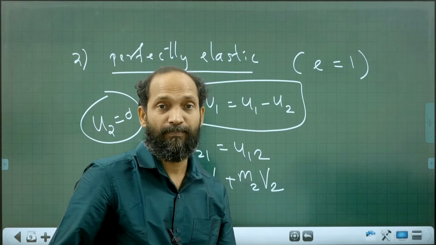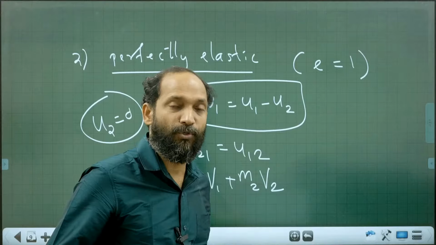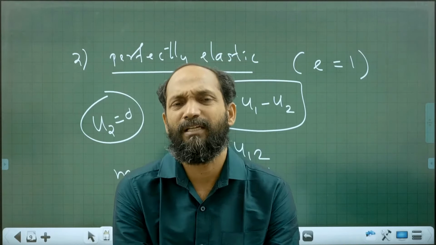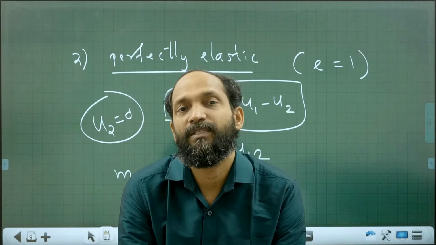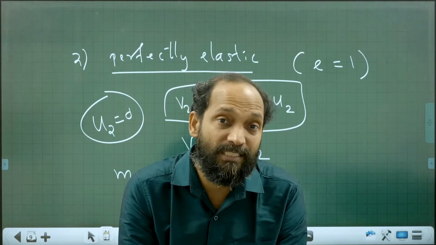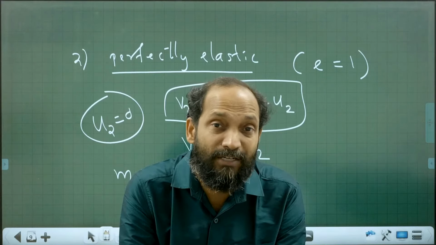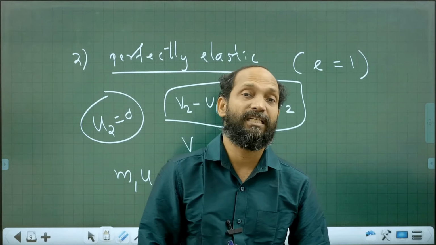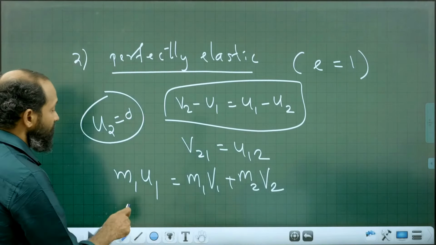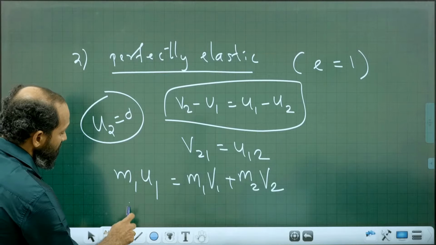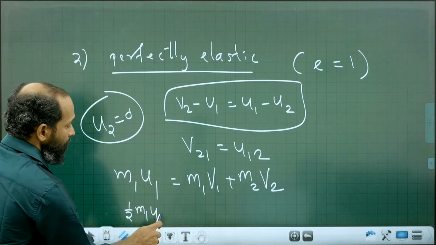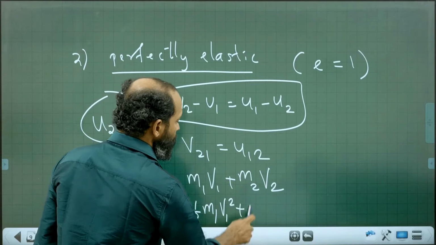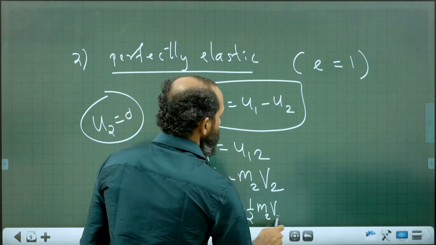But we have seen that in a perfectly inelastic collision, kinetic energy is lost, so it is not conserved. But in a perfectly elastic collision, kinetic energy is conserved. So kinetic energy before, half m1 u1 square, is equal to kinetic energy after, half m1 v1 square plus half m2 v2 square.